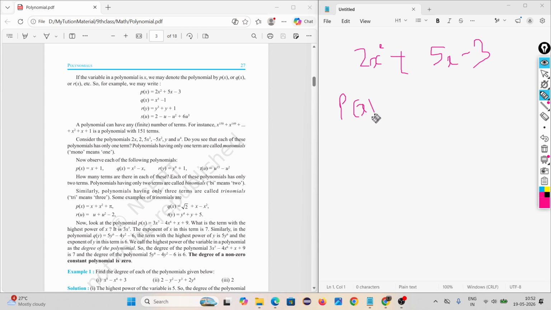P of x means there is a polynomial having x as the variable, equal to 2x square plus 5x minus 3. Okay.